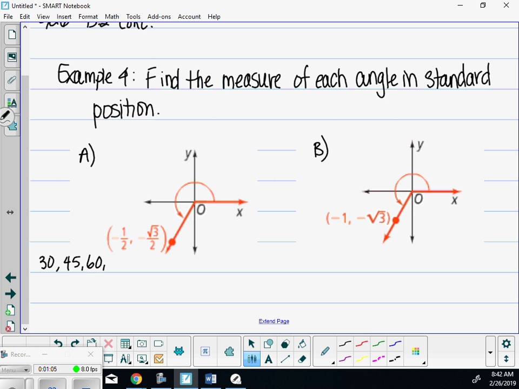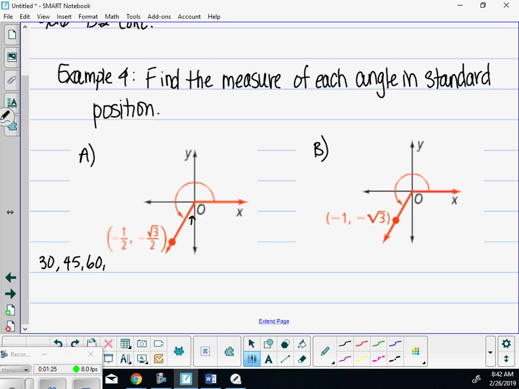So in these examples, this angle in here is either going to be a 30 or a 60. Now it looks like a 30.